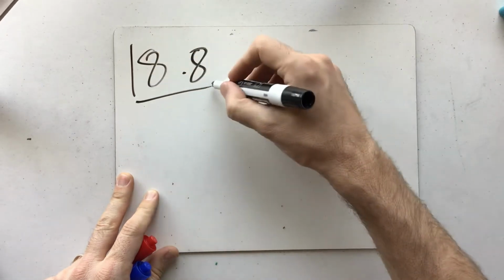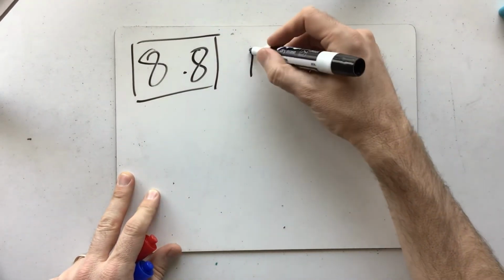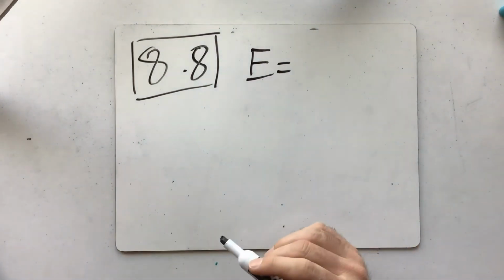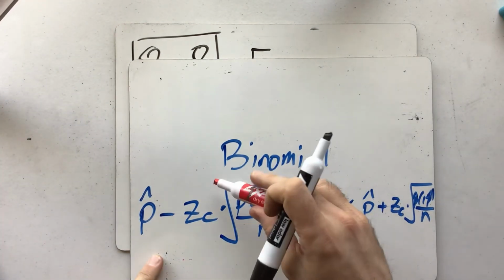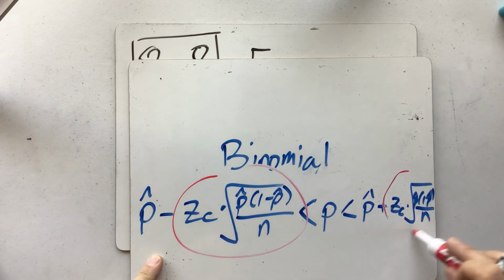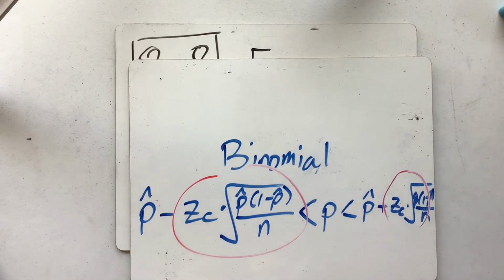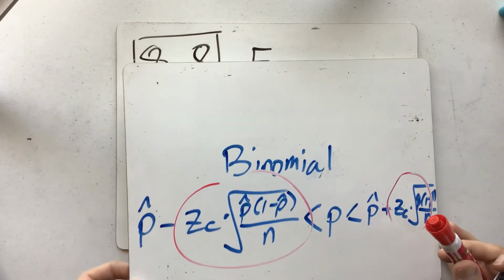So what the researcher needs to do is take the error, and that error term is just this term from the binomial distribution. It's the part that we add and subtract from the average we take from our sample.